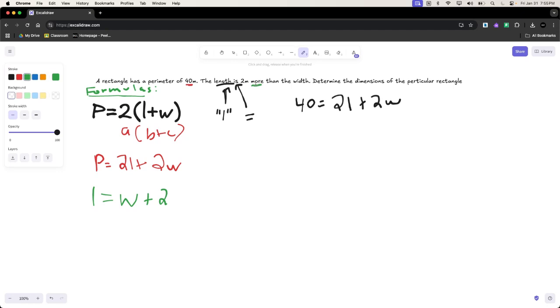More equates to addition, right? So this is basically saying that the length is two more than the width.